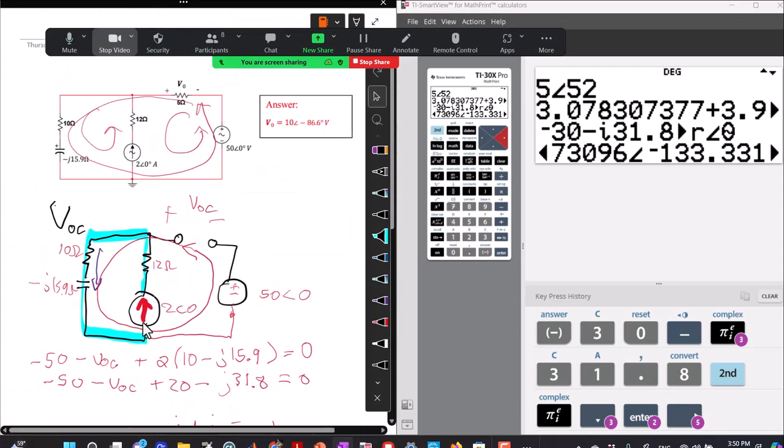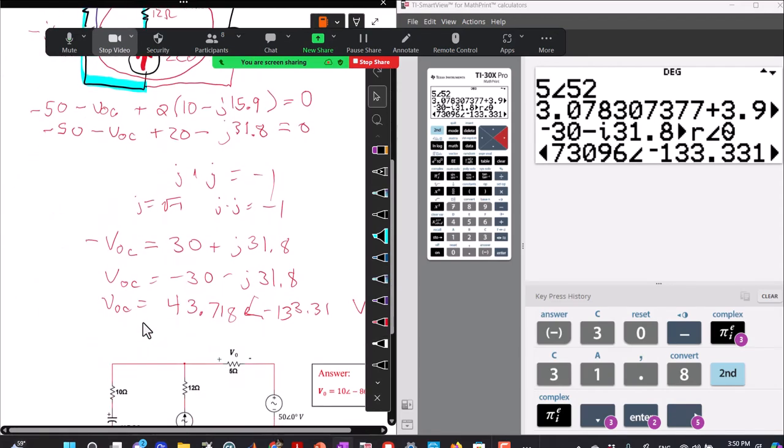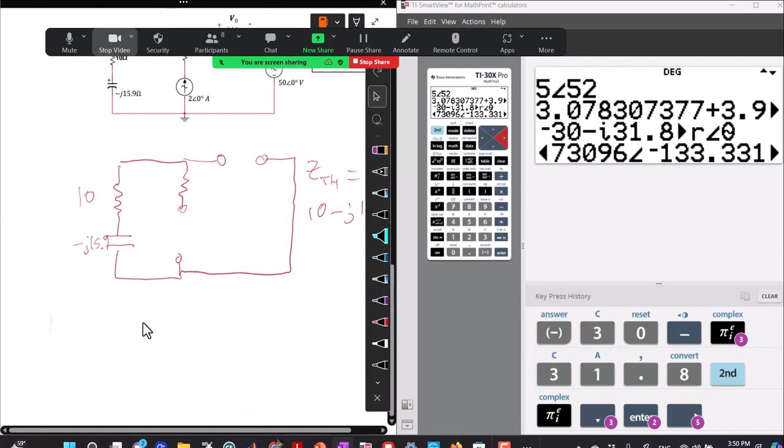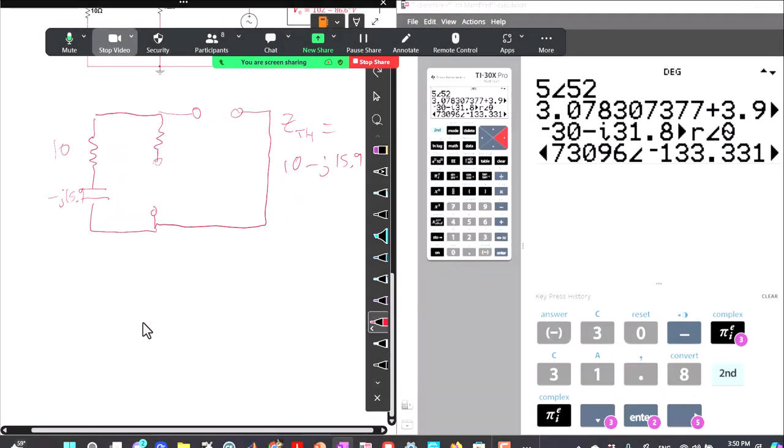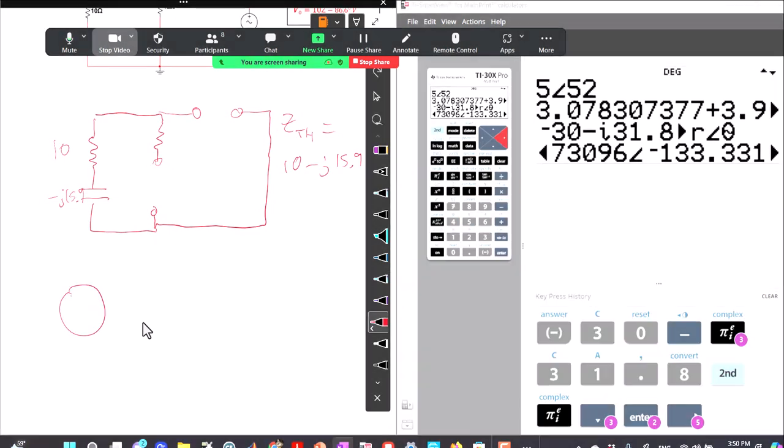Okay, so now I have my Thevenin equivalent circuit, and it has the voltage source of whatever I had.